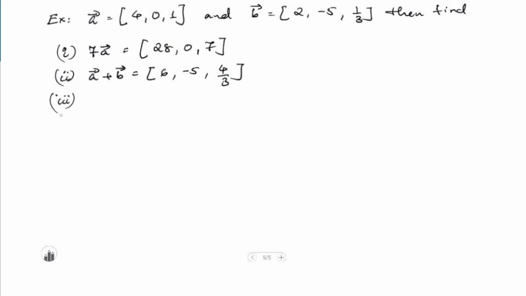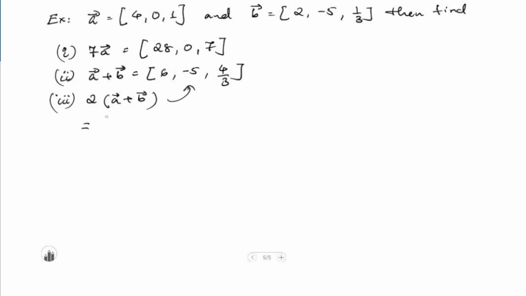And for the third part, our question is to multiply the constant 2 to the answer of vector A plus vector B. A plus B is already given above, so we can just multiply 2 to this vector.